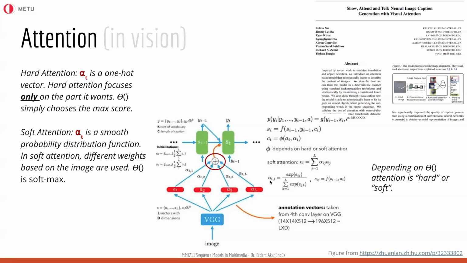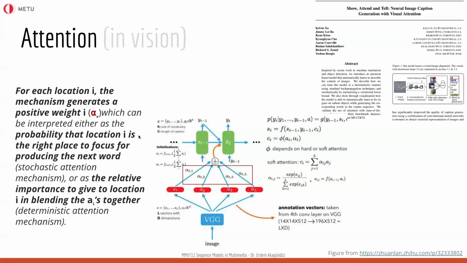And to understand their study, what they do is they visualize these alphas, because these alphas are the weights of each region, right? By using these alphas for each region, I can create a kind of heat map over the image. So for each location i, 14 by 14 locations, the mechanism generates a positive weight, which is the output of the softmax.